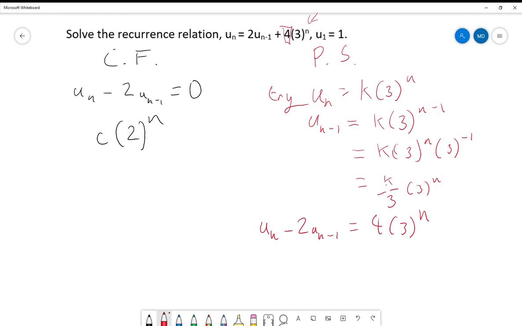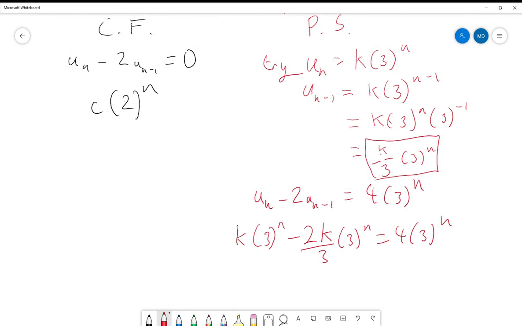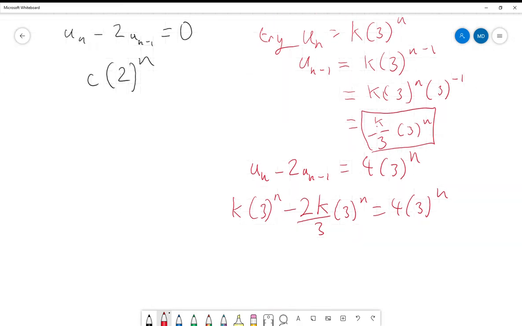And so we're going to get k times by 3 to the n, because that is what un is, or at least what we're trying for un, minus 2k over 3, because remember this was k over 3 for this one here, times by 3 to the n, equal to 4 lots of 3 to the n. And if we notice there's a 3 to the n in every single term, that can never be 0, so we can just divide through by 3 to the n. And we end up with k minus 2k over 3 is equal to 4.